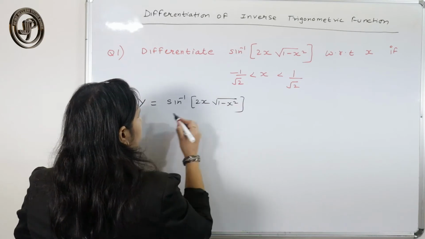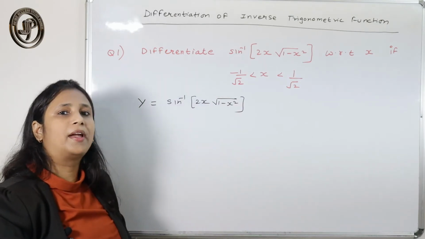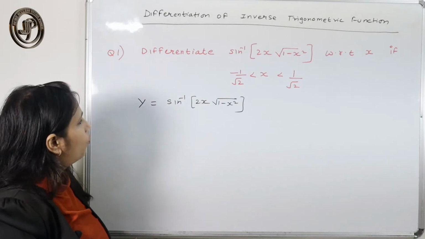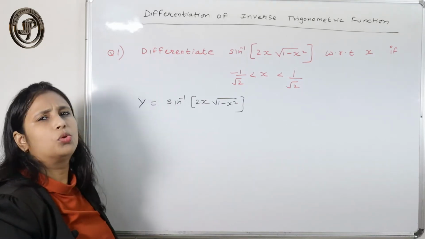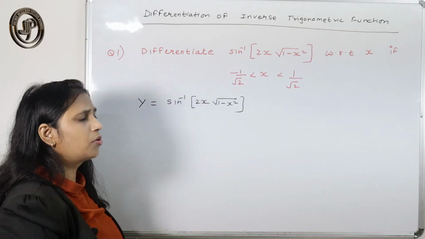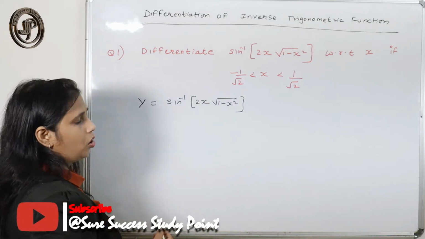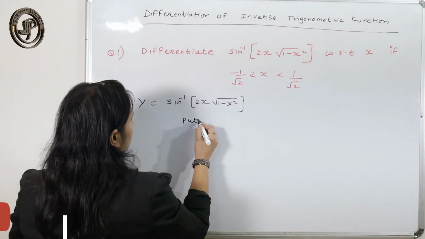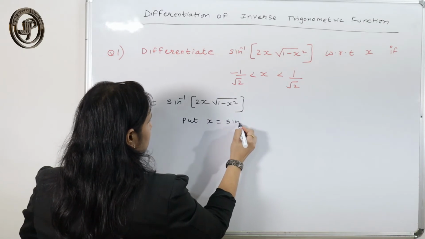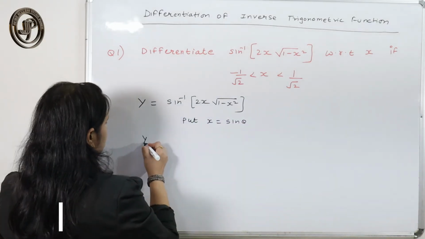Now it is 1 minus x square, with root or without root. So there is a trick: put x as sin theta or cos theta. Here I am putting x as sin theta. I am telling you why I am putting this.